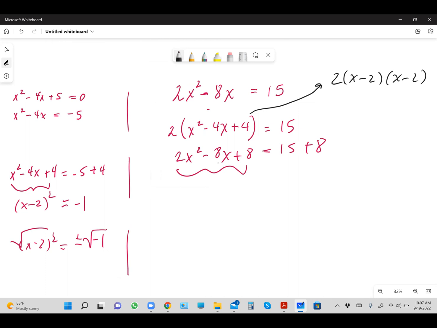So how do you do that? Say again? 2 parentheses. So did we complete the square? Yes.